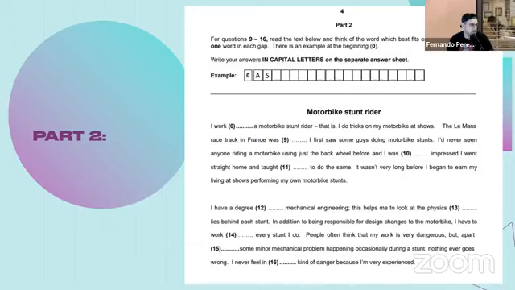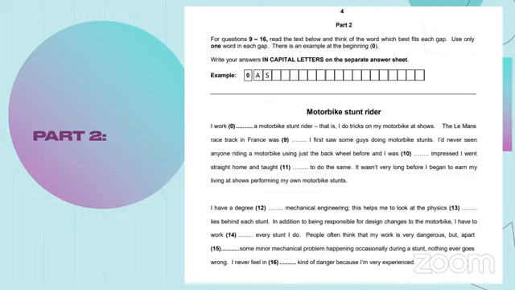For example, my brother learned to ride a motorbike, and when I saw him, I was very impressed. Period. There is no result. Actually, I think we can use the same example, no?